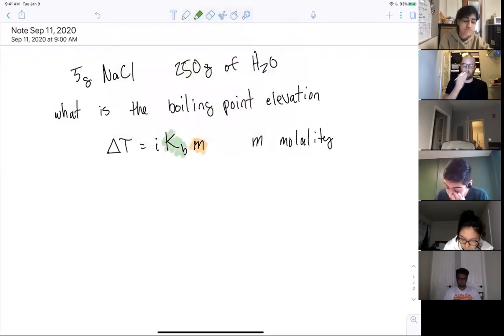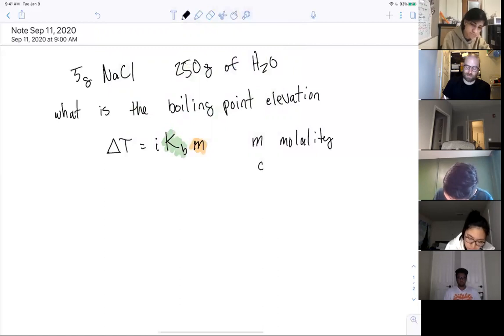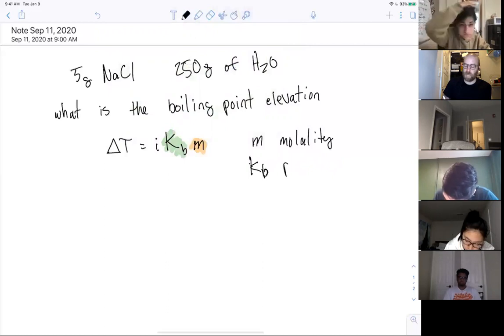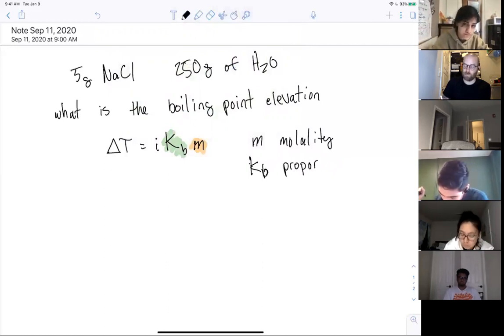Kb here is going to indicate this constant. It's a proportionality constant for how the temperature changes depending on how much stuff you dissolve in it.